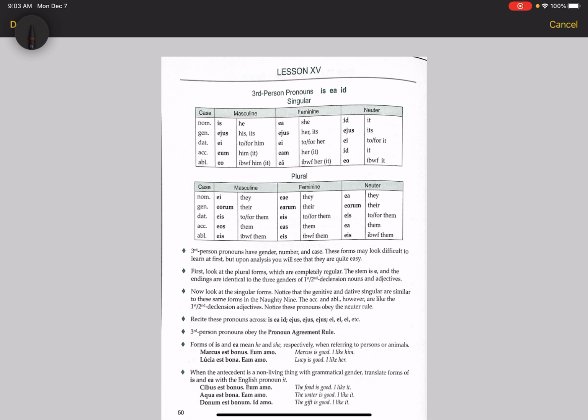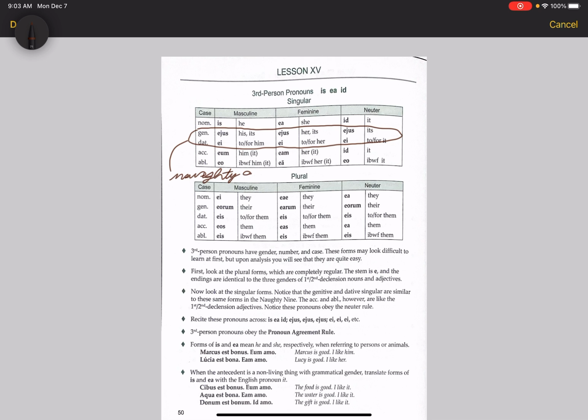First of all, the is and the id don't look like first, second declension masculine or neuter endings. And then also the genitive and the dative in all three genders are unusual, but they all match each other. These can remind you of the Naughty Nine, as the book likes to call it.